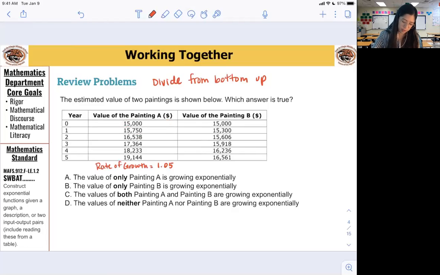Let me know if you end up with a constant rate of growth. All right. About 10 more seconds.